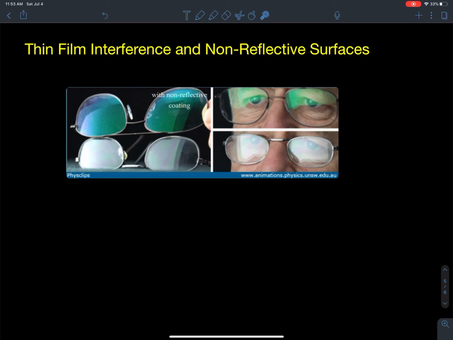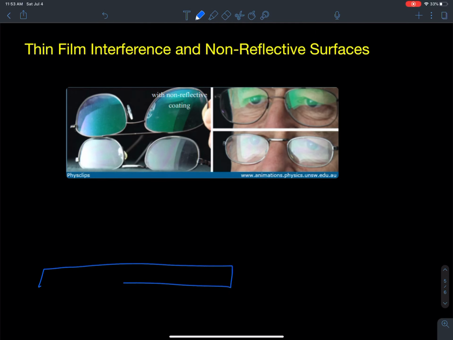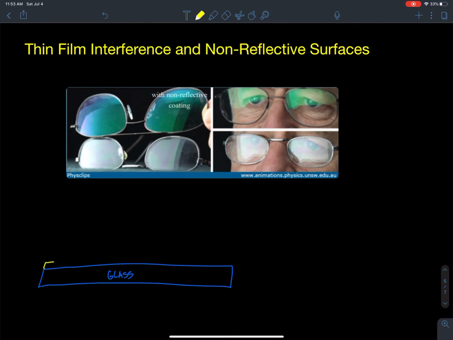So let's take a look at a problem that you have in your text. Let's just draw it out. If I had a piece of glass, okay, this is my glass, and I coat the glass with a very thin film. Okay, this is my film.